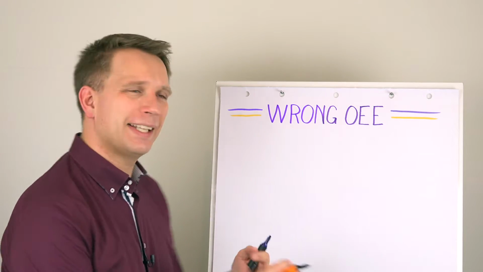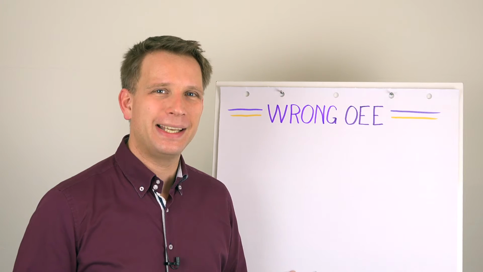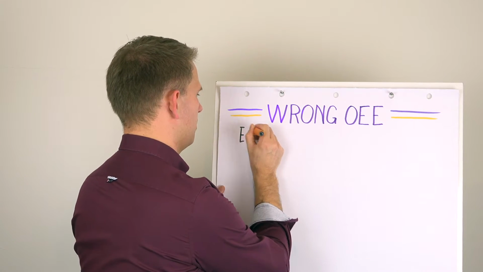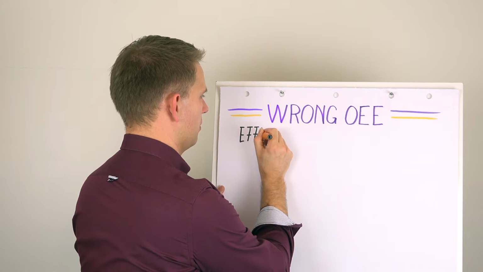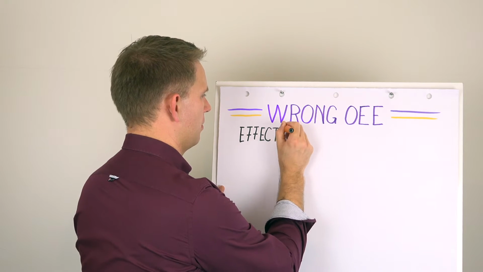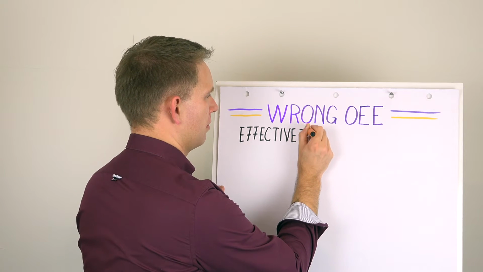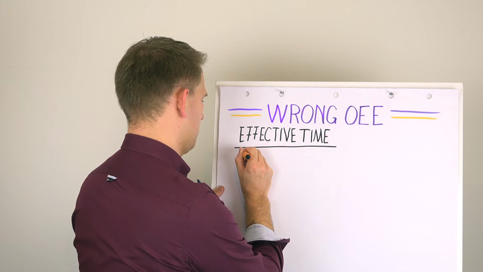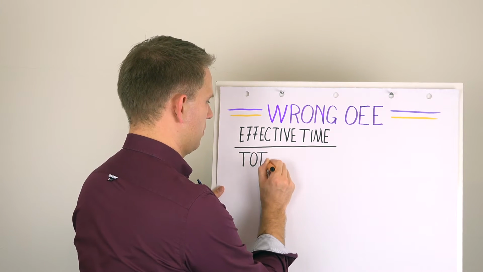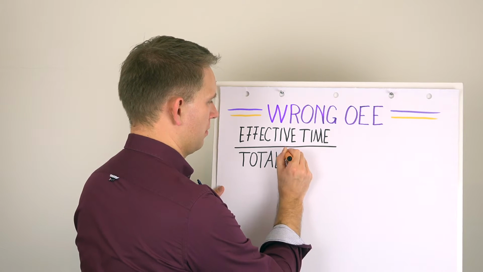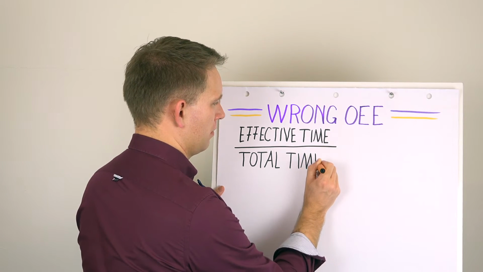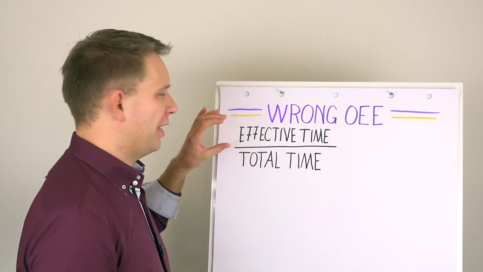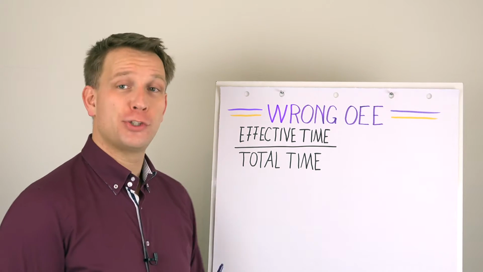Now first, let's write out what OEE is in the basic formula, right? Your basic OEE calculation is how much effective time did I have in my total time.